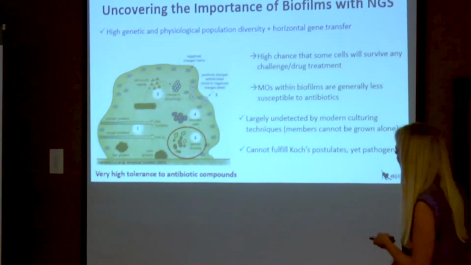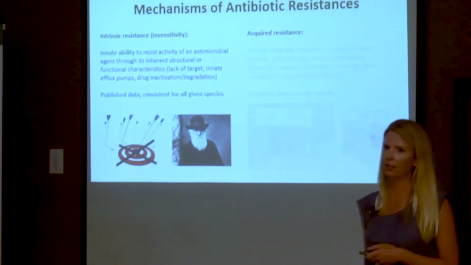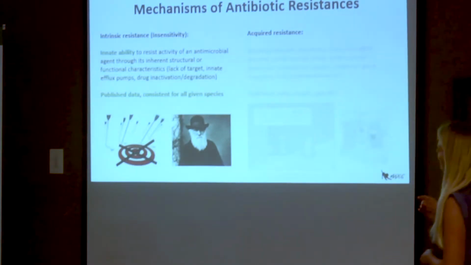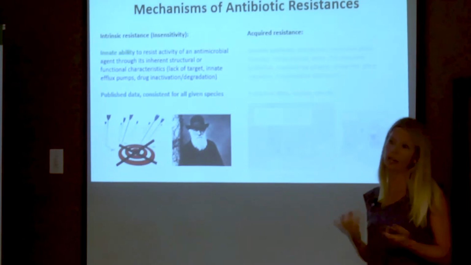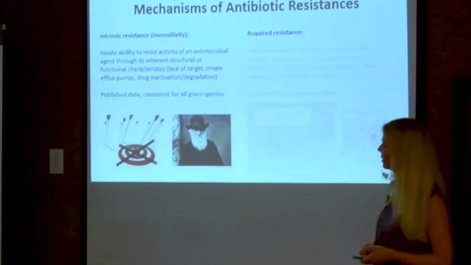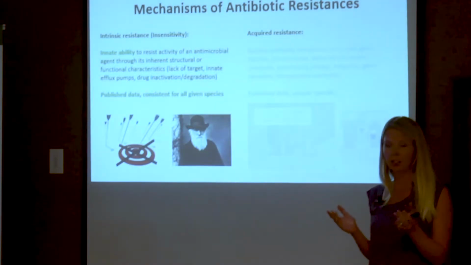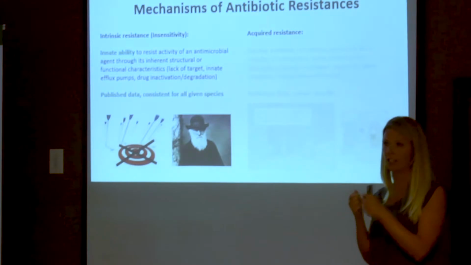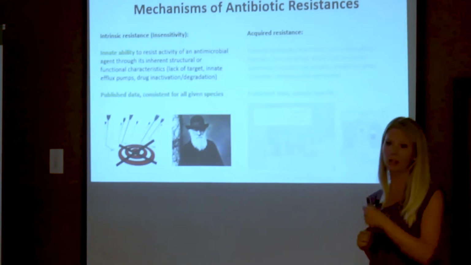And when we look at this resistance to antibiotic compounds, there are two types of antibiotic resistance that we can look at. One is intrinsic resistance, so the innate ability of those bacteria to not be killed by an antibiotic. So they either have no target for the antibiotic, or they might be able to just take up the antibiotic and degrade it, or they can use efflux pumps to get the antibiotic out.